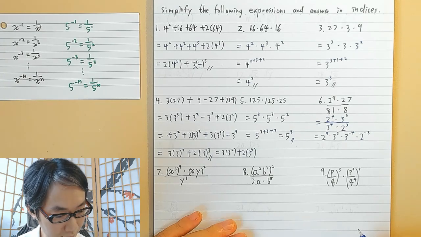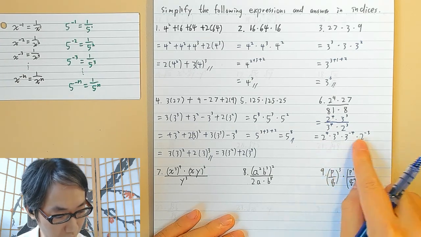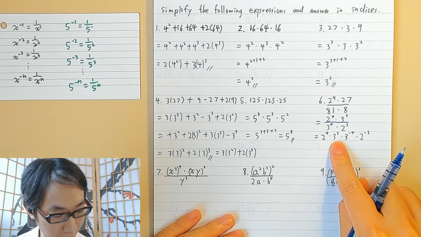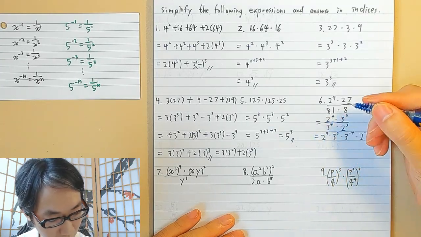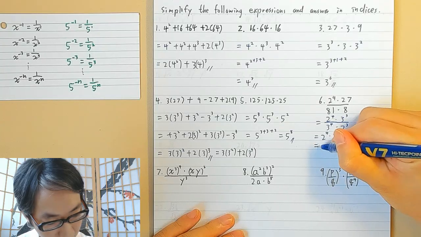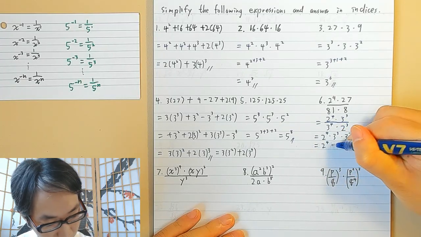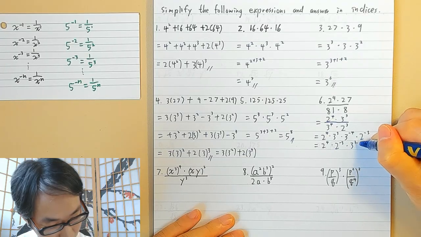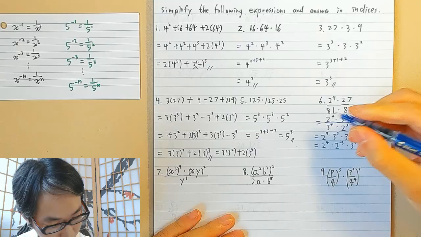Then times, same here, negative 3. Okay. And we can use the minus rule for the 2s and the addition rule for the 3s. Or we can rearrange first. So this is 2 to the power of 4 times 2 to the power of negative 3 times 3 to the power of 3 times 3 to the power of negative 4.